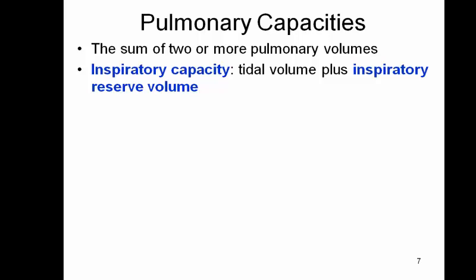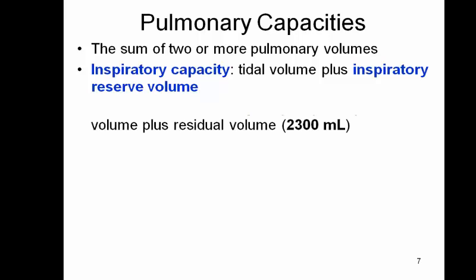The inspiratory capacity is the capacity of a person to bring air into their lungs. That's the sum of what a person normally moves when they're resting, plus what's called the inspiratory reserve volume, which is the amount of air that we can forcefully pull into our lungs with a voluntary effort.